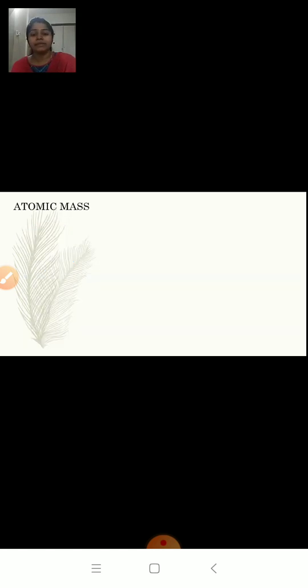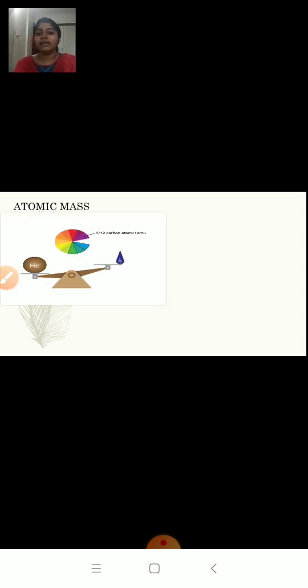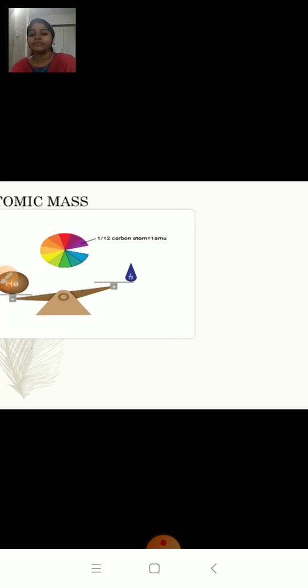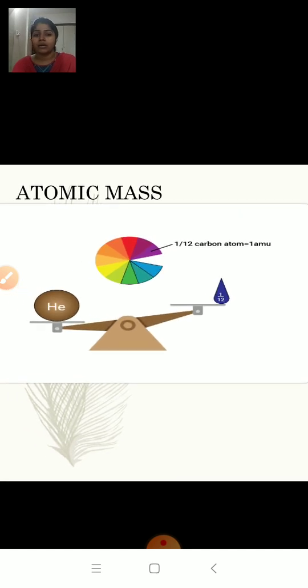Now for example, if we take helium and place it on the balance beam, you can see the atom of carbon 12 divided into 12 equal parts. Now we have helium on one side of the balance.